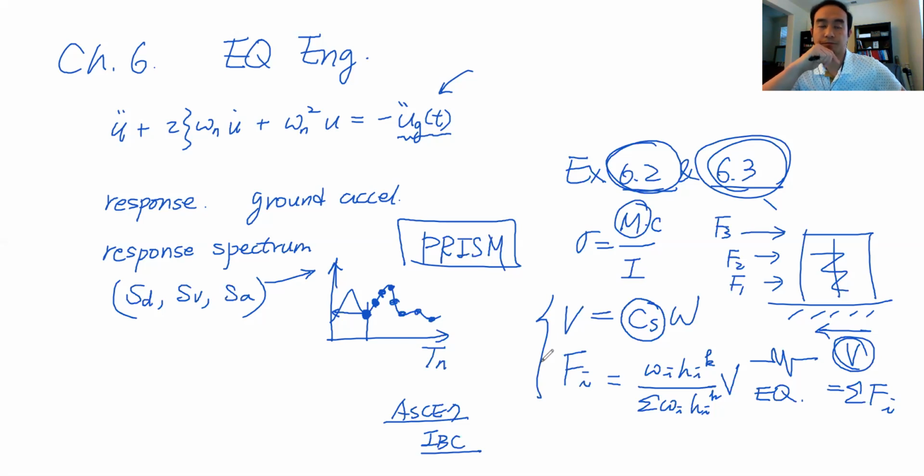So you should be able to get the answers for the problems. Chapter 6, as I said, response spectrum is one big concept, and examples 6.2 and 6.3 and the seismic design exercises would be a good starting point to prepare for this exam.